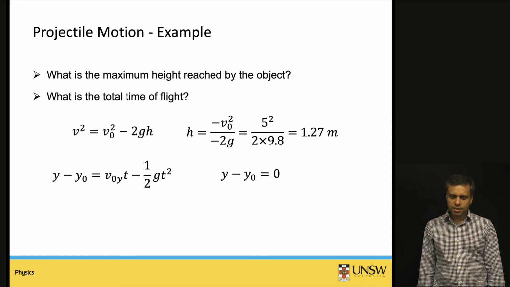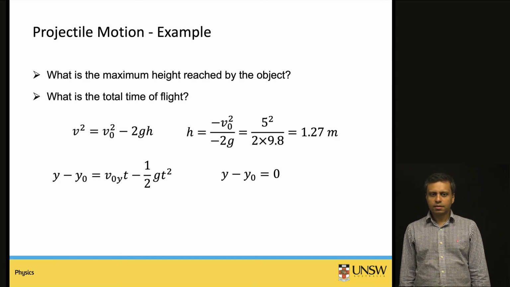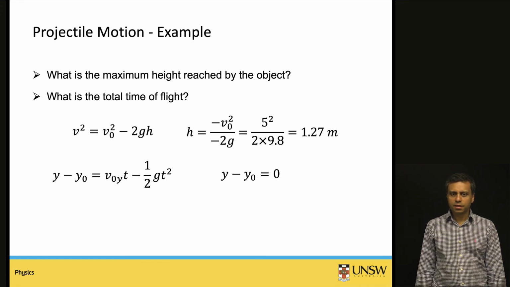Initially, just at the instant when the projectile is launched, its y displacement is 0, right? Because it's at ground level. And then its y displacement is 0 again when it has reached its final destination, that is, it has fallen to the ground. So if we can find the time from this equation when the object has fallen to the ground, then that is the time that the problem is asking for.